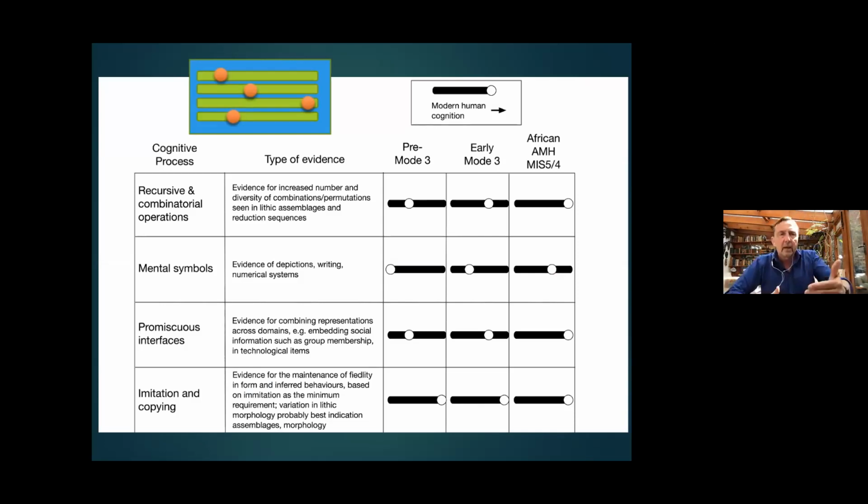And we can take again our particular cognitive processes and think, how would they score on these slider switches? So that recursive and combinatorial operations, which are evidence for increased number and diversity of the combinations, one might suggest that in early mode 3, there's been a change relative to mode 2, largely because there's so many more combinations involved in doing the preparation in order to get the final product out.